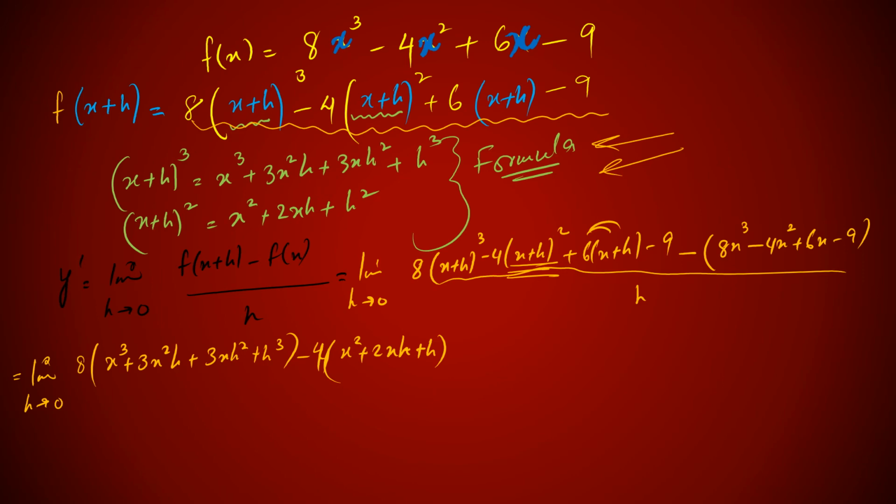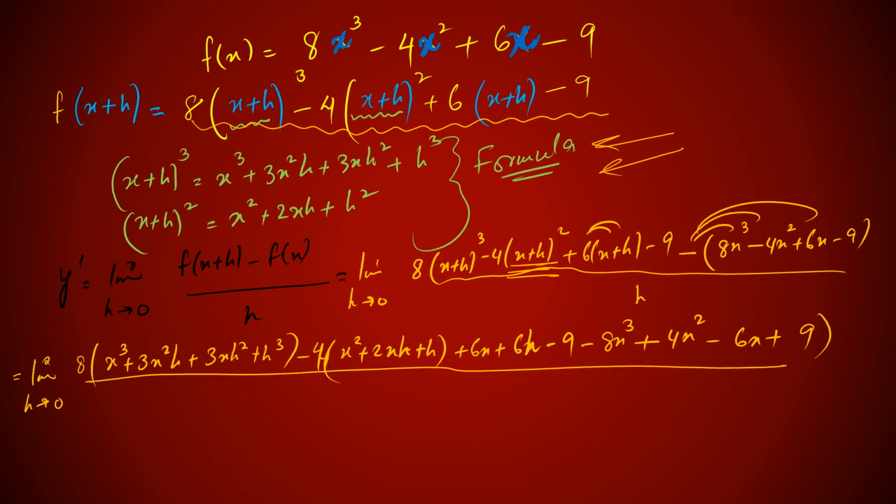Now open the bracket with the 6, that is 6x plus 6h minus 9. Now open the bracket with the negative sign, so you will change the signs inside the bracket while multiplying by the negative outside. So negative negative gives positive, negative and positive gives negative, again negative and negative gives positive, over h.